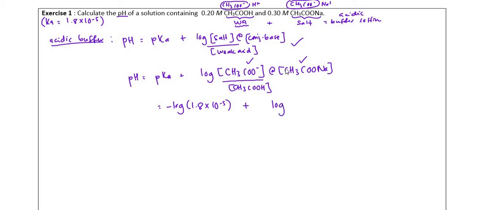What is the concentration of your salt? 0.3. Your weak acid concentration is 0.2. You press the calculator and you get the pH of the acidic buffer as 4.92, just to 2 decimal places. This is your answer.